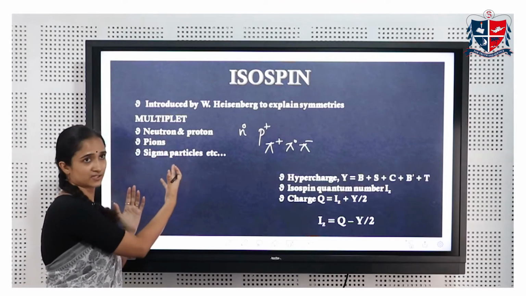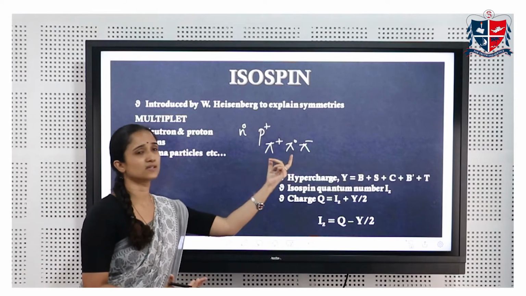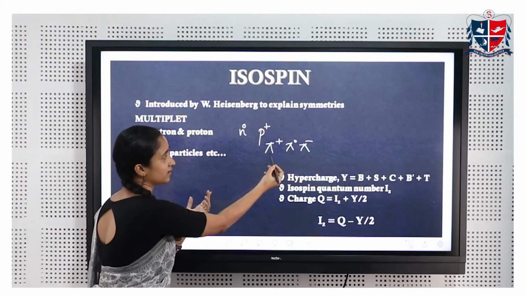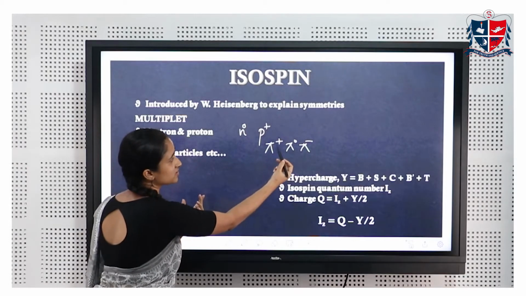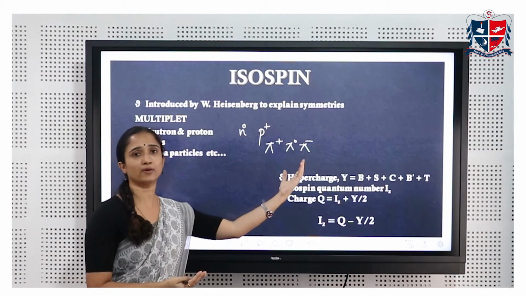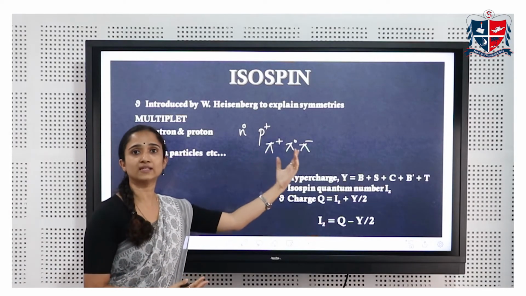These particles, we call them multiplets because they differ in a single property. You have a pion, and these three pions vary only in their charge. All three pions have almost similar mass and similar spin. They vary only in their charge.